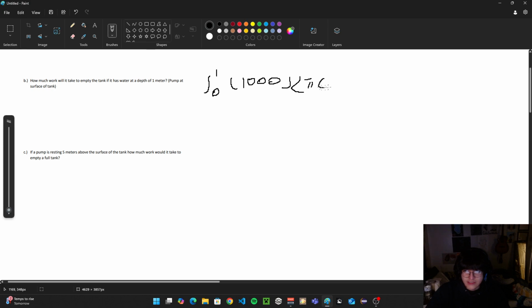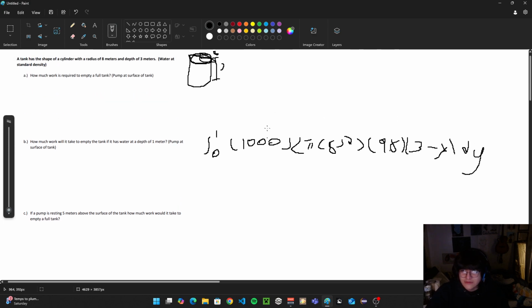There's going to be pi times 8 squared. The distance is also going to stay the same, because the distance matters at where you're pumping, and it says it pumps at the surface of the tank. So a lot of these numbers are the same. The only difference is this one.